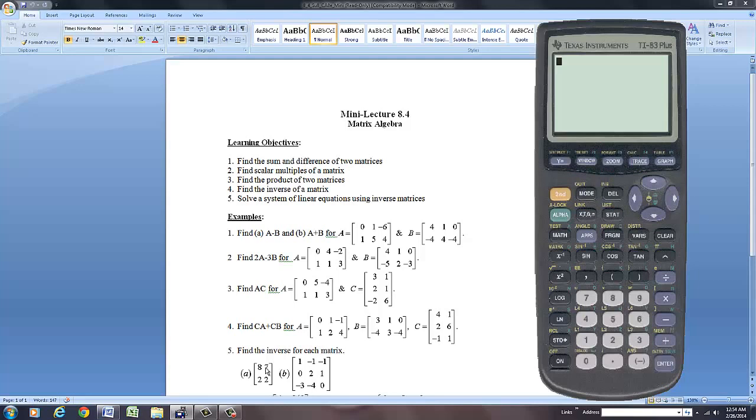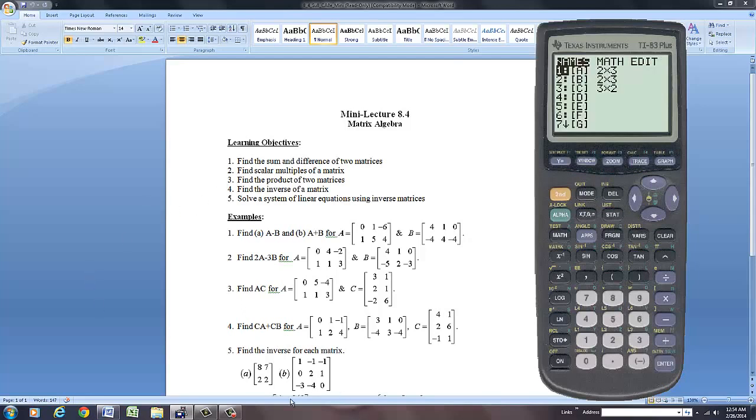If you multiply, 2 times 1/2 gives you 1. That's your identity for multiplication. The multiplicative inverse for 3 would be 1/3. 3 times 1/3 is 1, which gives you the identity. Okay, so for this one, I want the inverse of this matrix. So again, I'm going to go to the matrix menu.